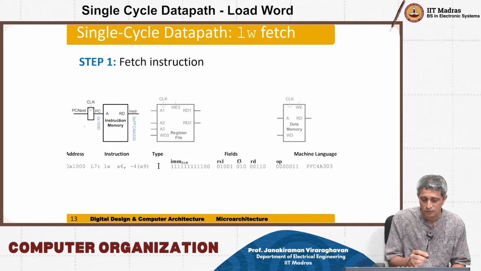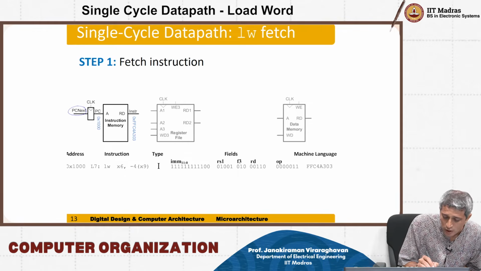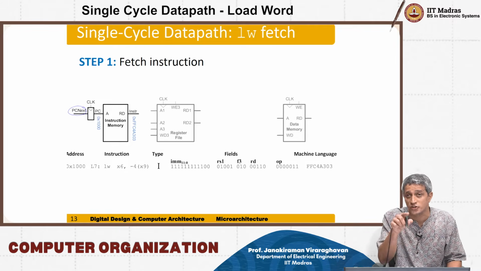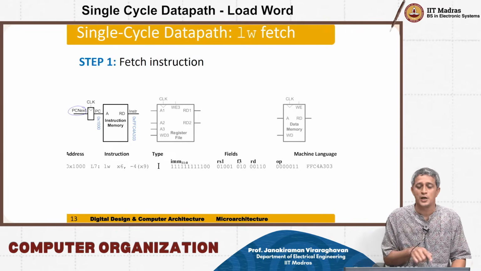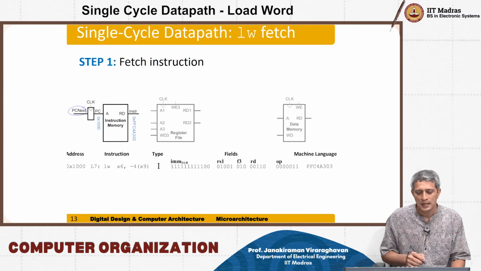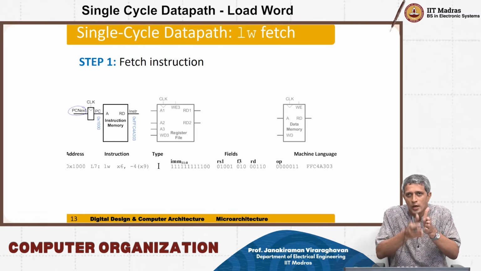Okay, so that's why this one is called PC next. It's a program counter value for the next instruction, not the current instruction. You are giving that to the program counter, and then the clock is going to pulse.